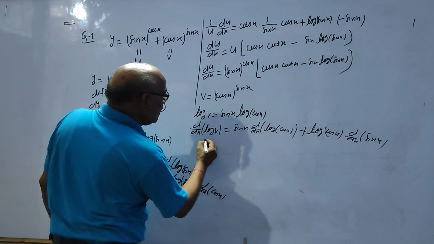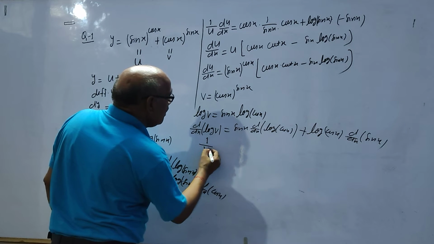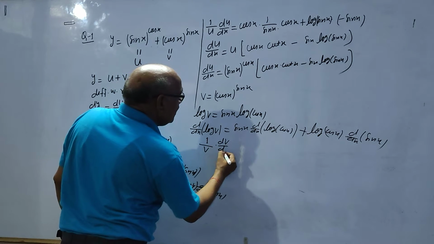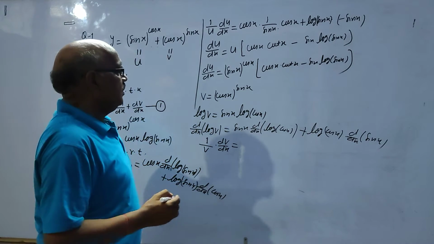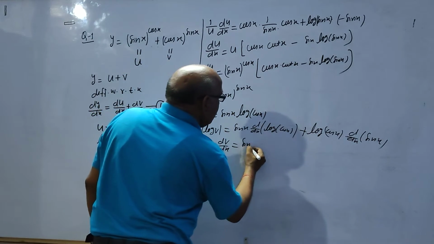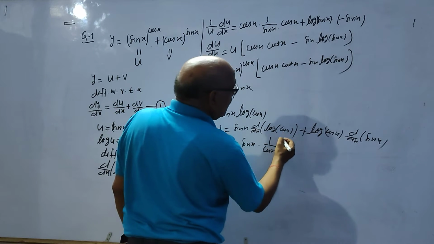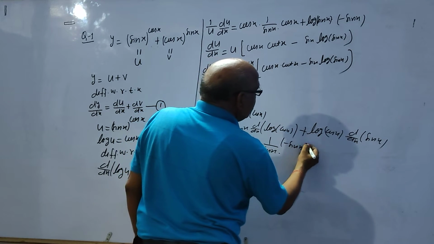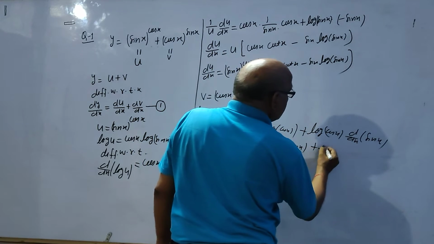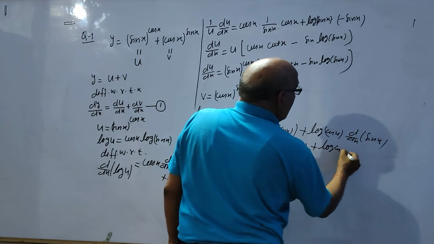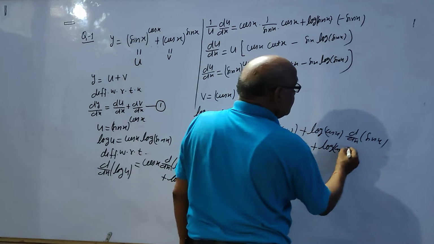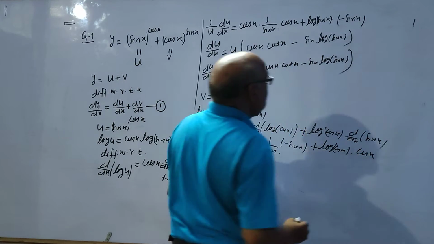log v का डिफरेंशिएशन क्या होगा, that is equal to 1 upon v, और v का क्या हो गया, that is dv over dx by chain rule. That is what, it is sin x. log cos x का क्या होगा, 1 upon cos x, और cos x का क्या आएगा, minus sin x, and plus this is log of cos x and d over dx of sin x, that is equal to cos x.